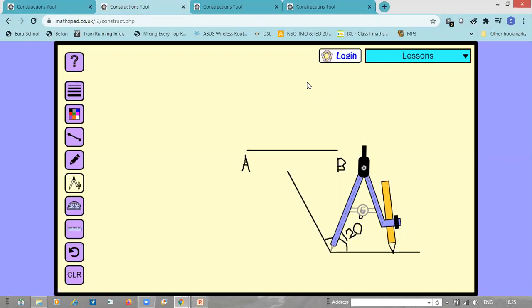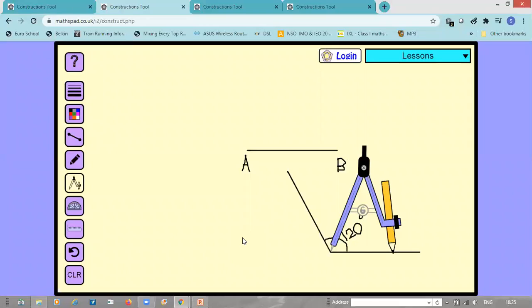Now, in my case, I have taken the points as A, B and C. So I have to follow what I have written. So I have made a line here as the base of the triangle of 5 cm, which is line AB.